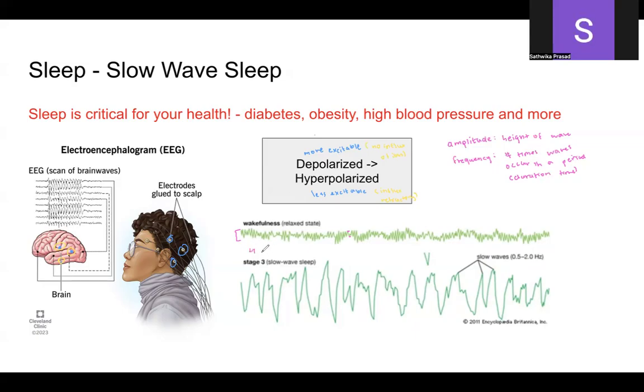So this tells me that neurons are depolarized and hyperpolarized fast, which means that your brain is getting activated very frequently.